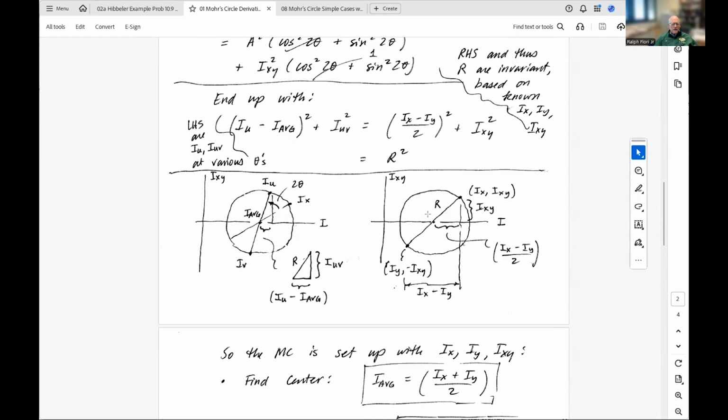The theta on your original area corresponds to 2 theta on Mohr circle. So whenever we plot IX, IY will actually be 180 degrees from IX, and so IY will plot over here. So 2 theta on Mohr circle corresponds to theta on your original area. It's just a result of the math.